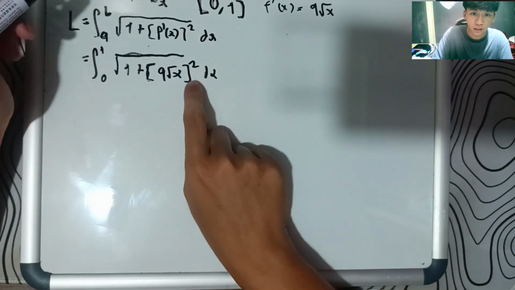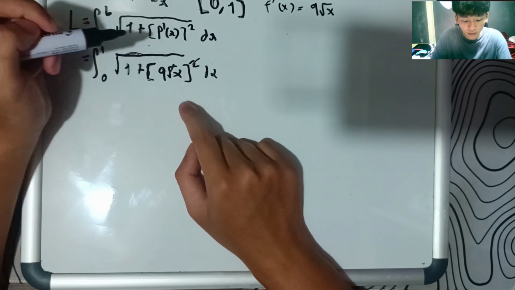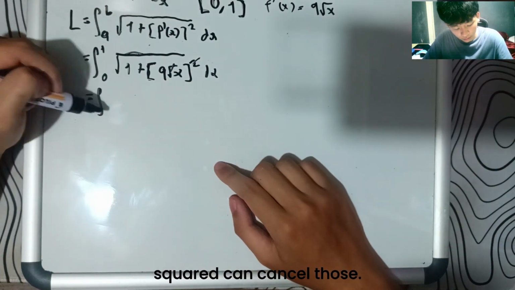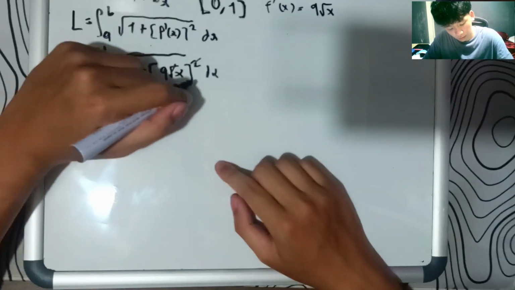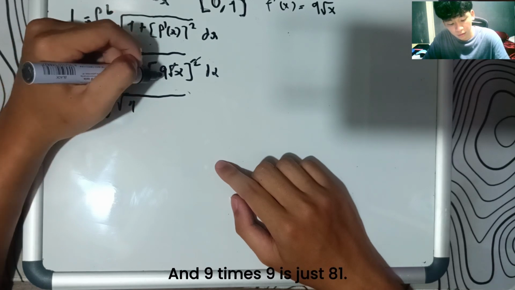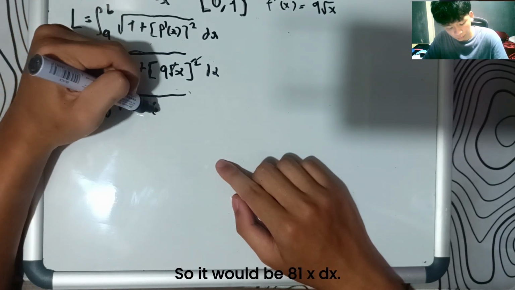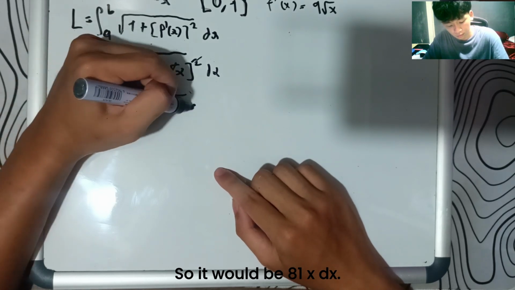Now we have to just square this. The square root and the square will cancel, right? And 9 times 9 is just 81. So it would be 81x dx.